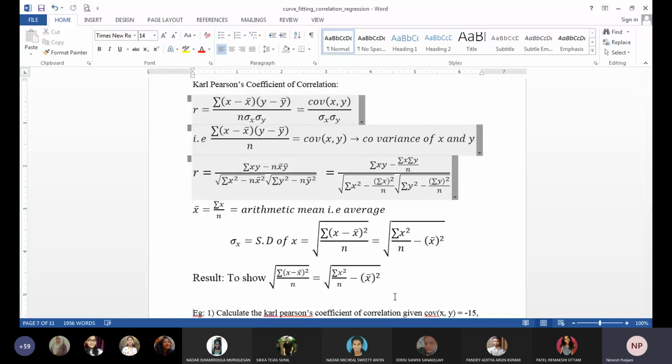So you can take a screenshot of whatever you are able to see on the screen right now. All are the formulas of your coefficient of correlation in different forms. We have to use the formula as per the question, as per the data which is given in the question. Whatever values are given, according to that, we have to use the formula. Okay?